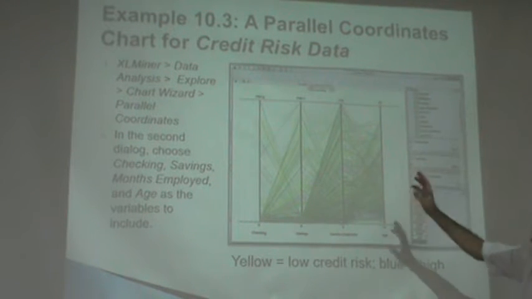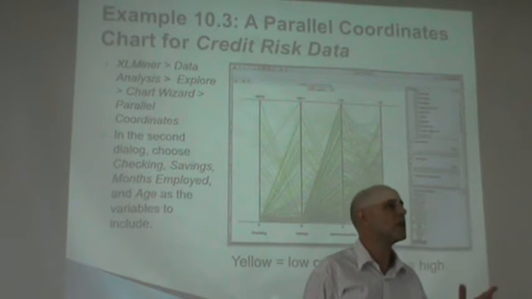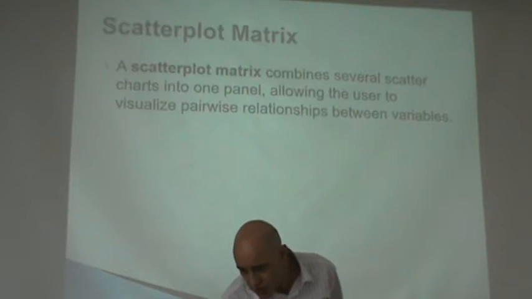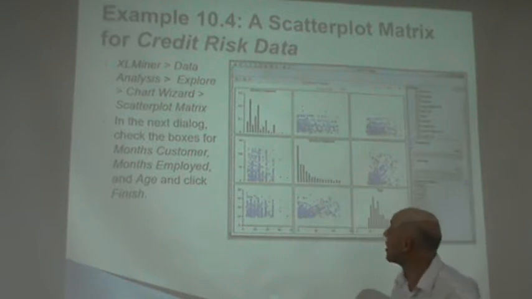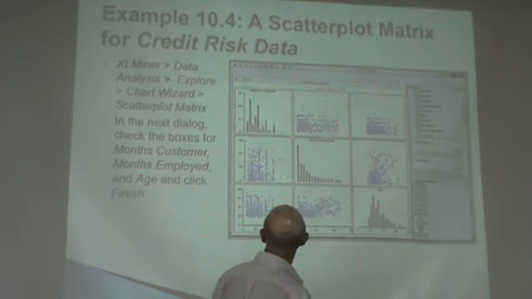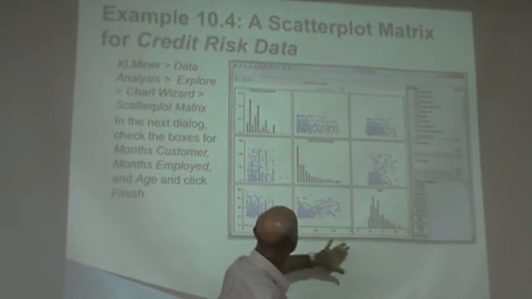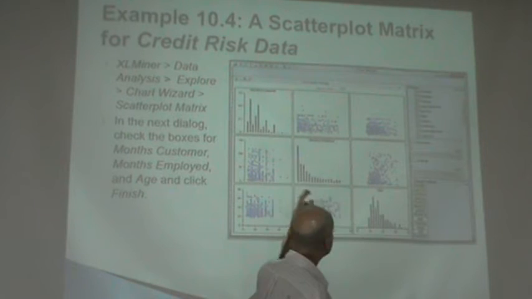For example, you've got all of these different visualizations, what it looks like. You can also use scatter plot matrices. So you've got some variables over here, you've got some variables over here, and you can look at the data. What do they look like? Okay, this is what the scatter plots look like.